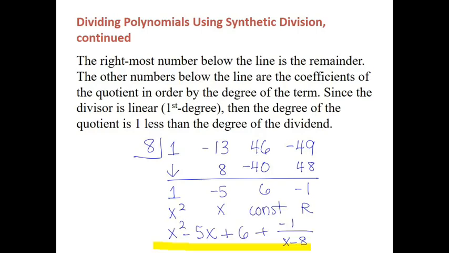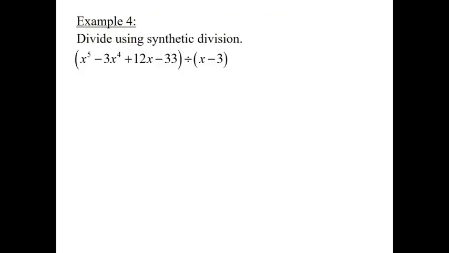And now you can just read your answer, and those are your coefficients in front of those terms. 1x squared minus 5x plus 6 plus negative 1 over x minus 8, because the x minus 8 was your divisor.